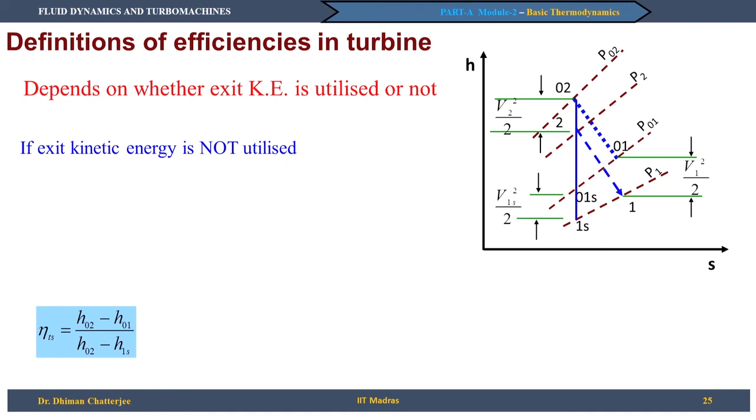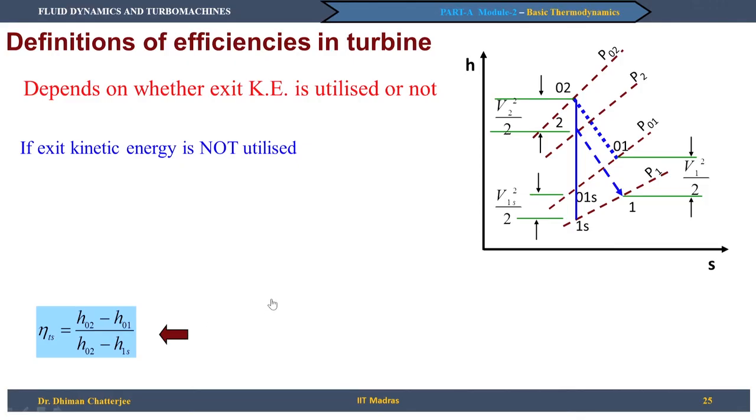Whenever the fluid leaves with any kinetic energy, that is a loss from the turbine perspective, and in this case if it is not utilized, we say that we should use eta Ts, or total to static efficiency.